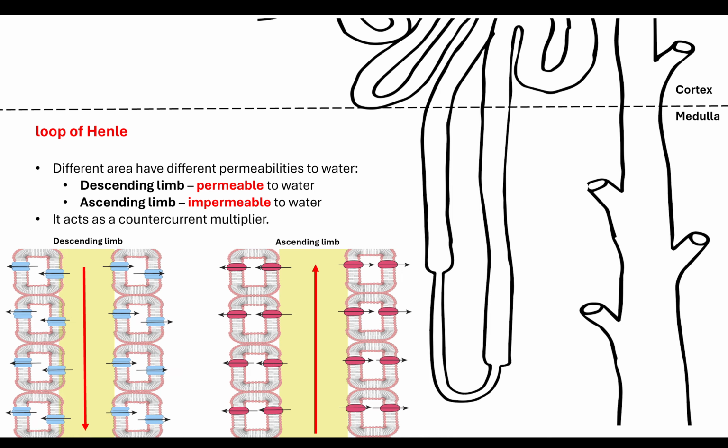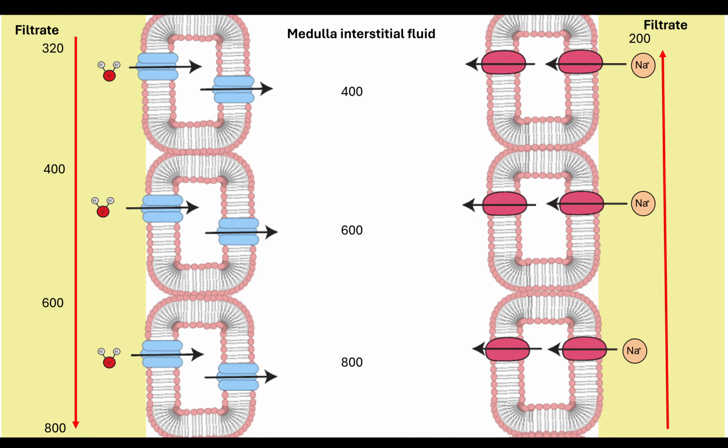As it then makes its way up the ascending limb, the nephric filtrate is going to become hypotonic. Now, to become hypotonic, something has to happen to the solute concentration inside the nephric filtrate, and that's where the ascending limb comes in.